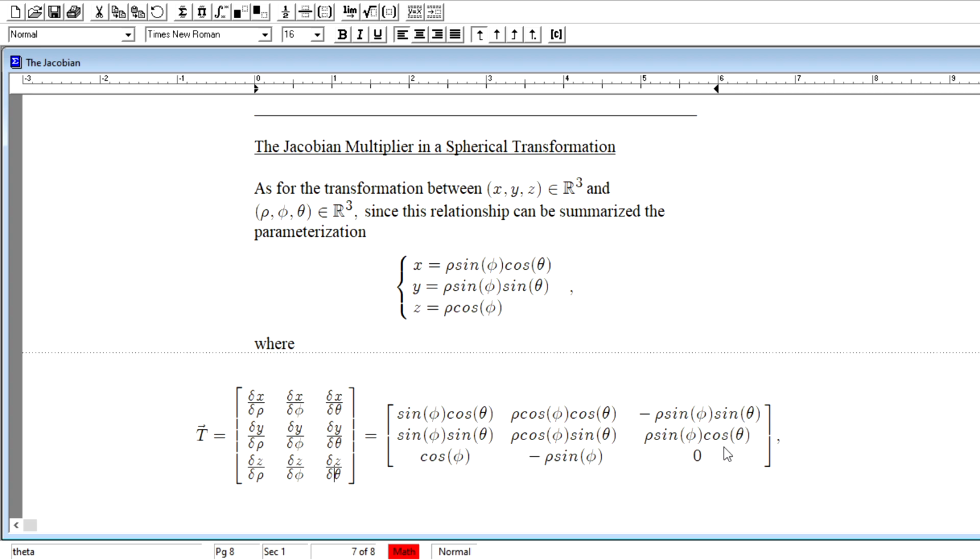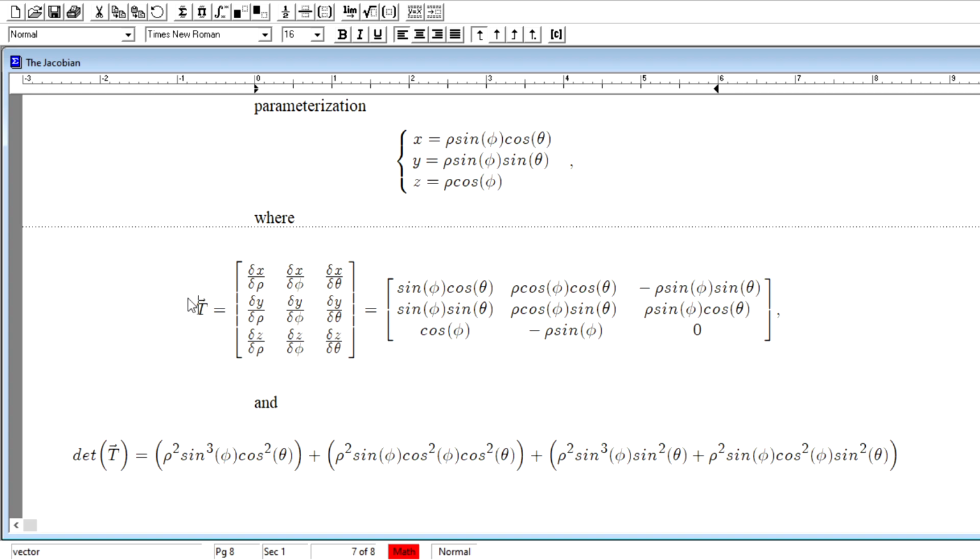We see similar partials for y with respect to rho, phi, and theta, and similar partials for z with respect to rho, phi, and theta. Right? Where the Jacobian comes from the determinant of this calculation, right? The determinant of T bar.